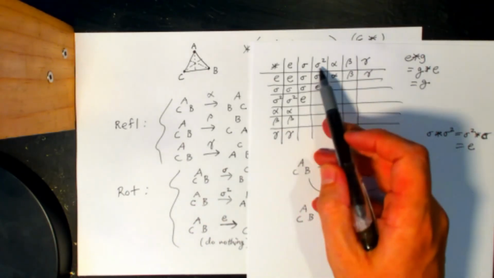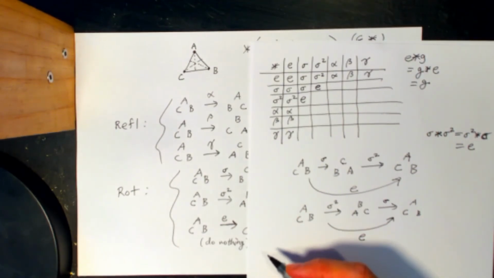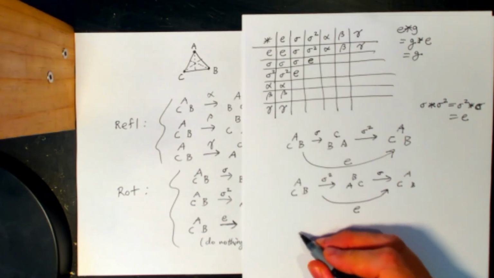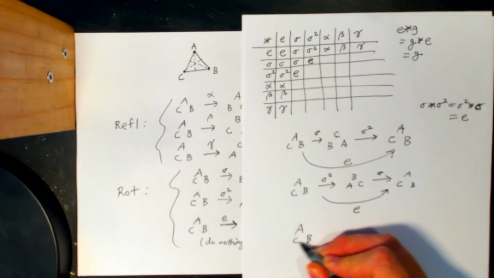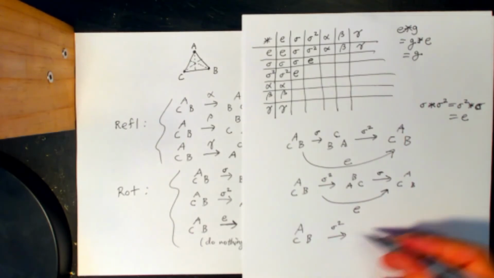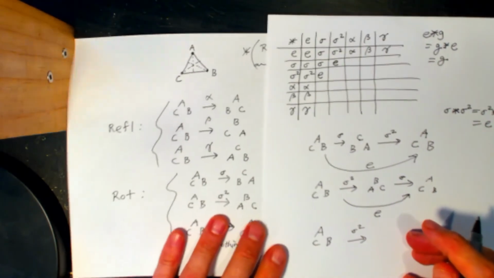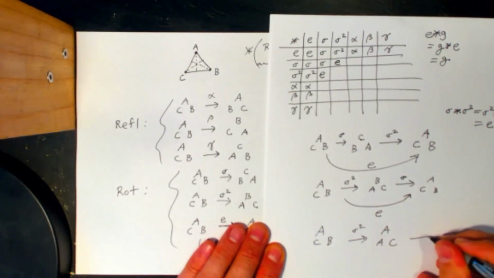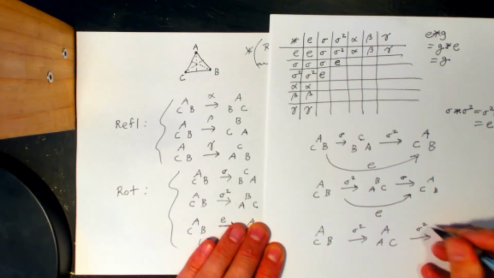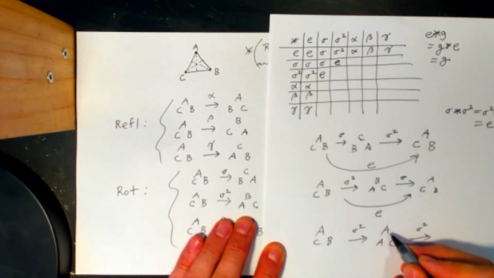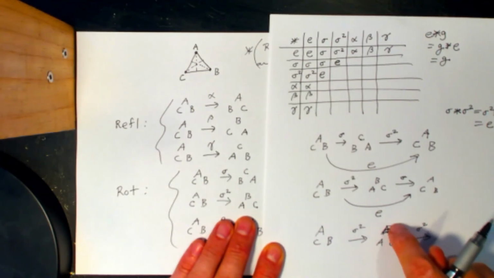Next, sigma squared combined with sigma squared. So we have A, B, C, we apply sigma squared, we get B, C, A, and then we do that again, rotating over twice. Hang on, that should be a B there. Now we want to rotate twice.